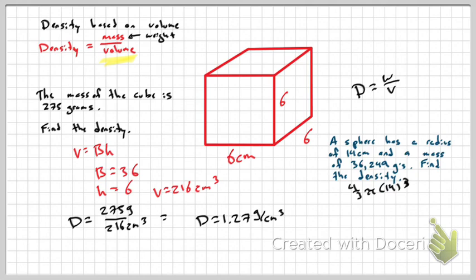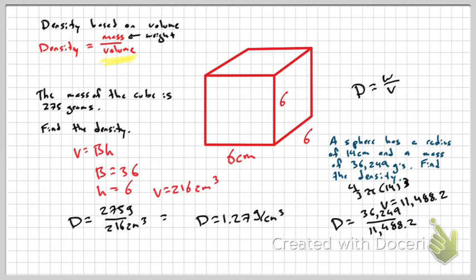14 to the third power, which is 2,744, times 3.14 is 8,616.16, times 4 is 34,400 and something, divided by 3. So the volume of our sphere is 11,488.2, which then means that the density equals the weight in grams, 36,249, divided by the volume of the sphere.